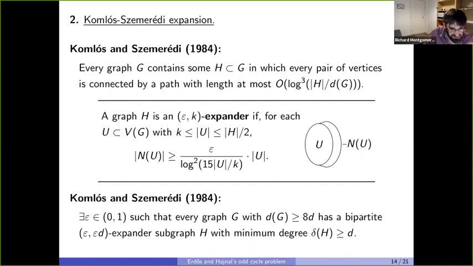I shan't worry about that. Probably not by making epsilon very small. Okay, but the key point here is that in every graph, just based off some average degree condition, we can look within it and find a bipartite graph that satisfies some expansion condition, however weak, and has a minimum degree condition. And that's what we're going to work with.